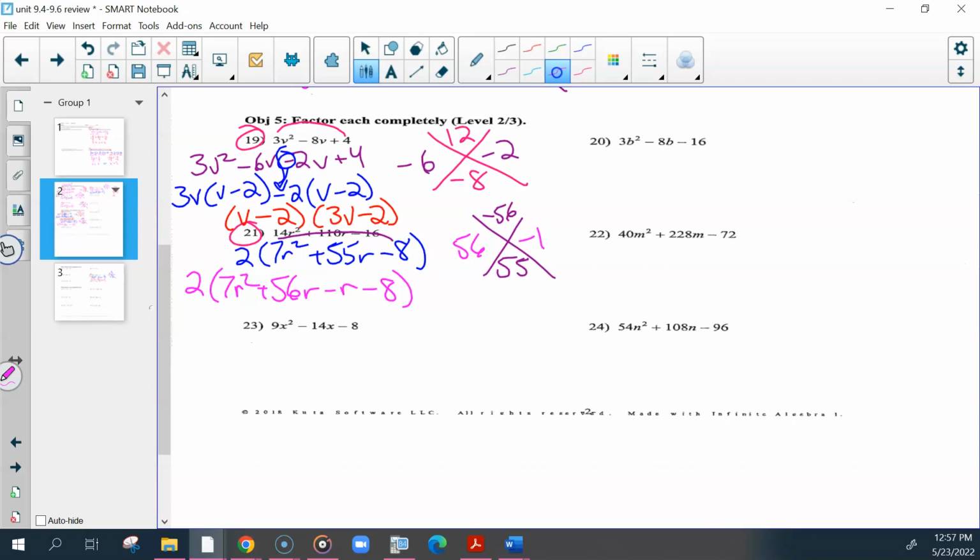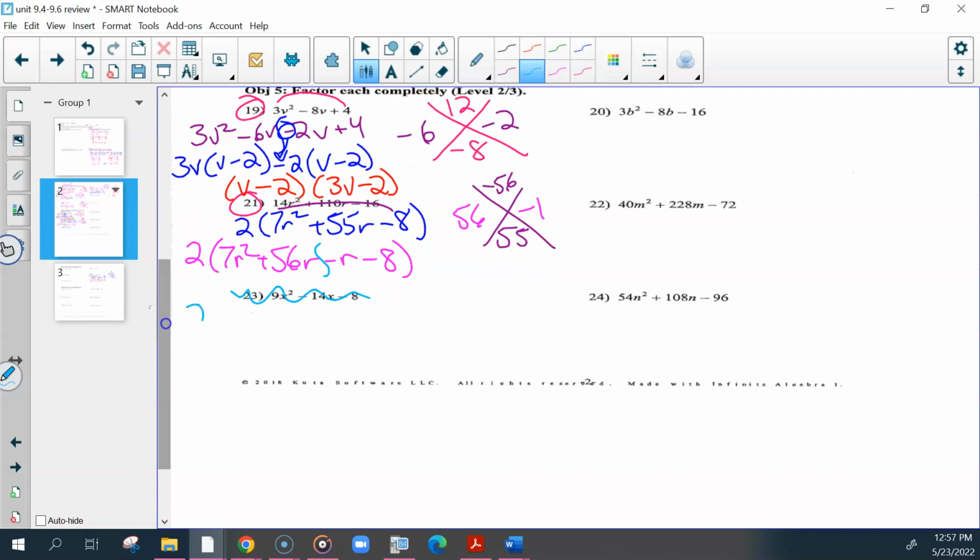Then we can split the middle. Bring down our GCF. What do these first two have in common? 7r. If I divide both of those by 7r, what is left?